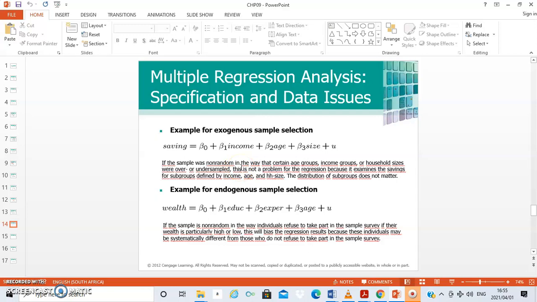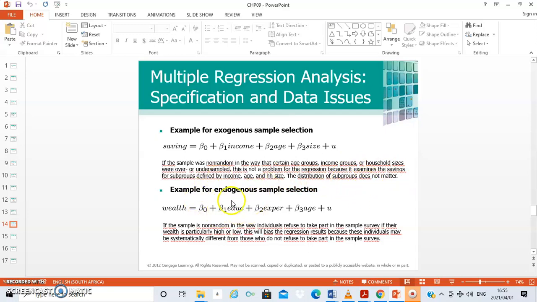It's one thing if we are dealing with random sampling, but if it's non-random, then certain age groups and income groups or even household size will either be over or under sampled. But this will not really be a problem for the regression because it's just examining the savings within the subgroups that are defined by these characteristics. So in other words, the distribution of these subgroups will not matter.